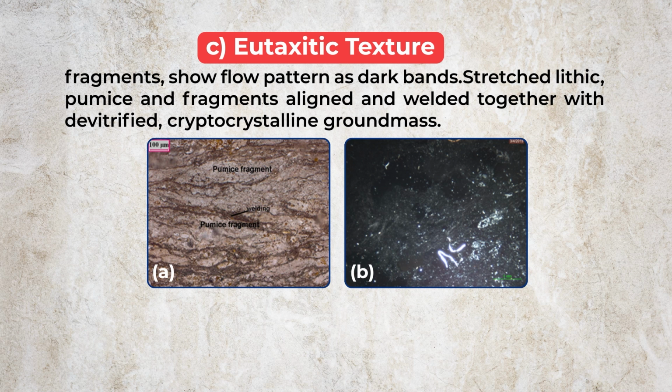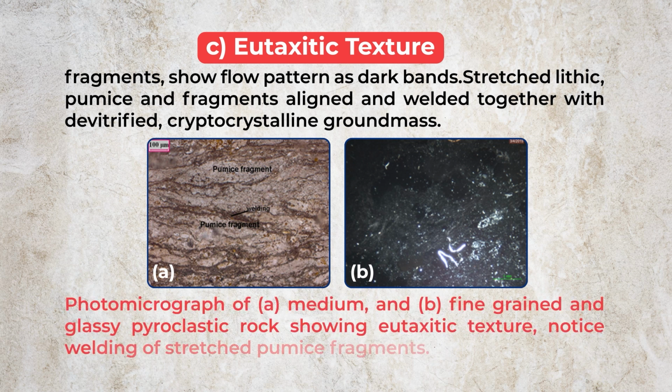Stretched lithic and pumice fragments are aligned and welded together with devitrified cryptocrystalline groundmass. See the black bands in the rhyolitic specimen here, embedded within the orthoclase groundmass. This is a fine-grained glassy pyroclastic rock showing eutaxitic texture; notice the welding of stretched pumice fragments.